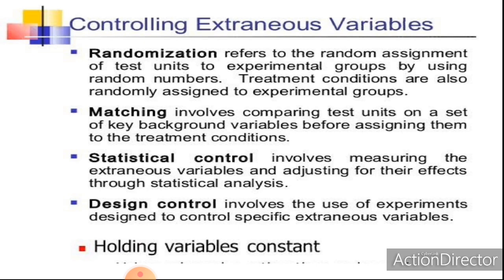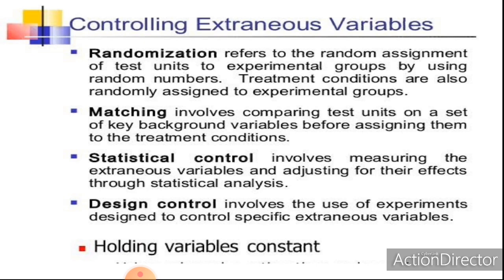Now next is statistical control. Here the researcher uses statistical control for minimizing the effect of extraneous variables. Now next we use design control. It means use of experiments which are specially designed to control specific extraneous variables.